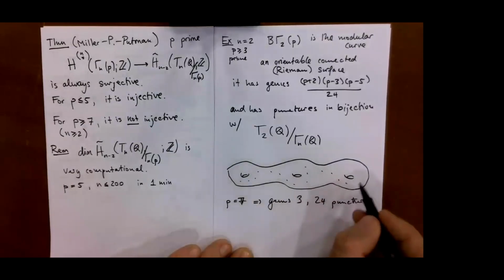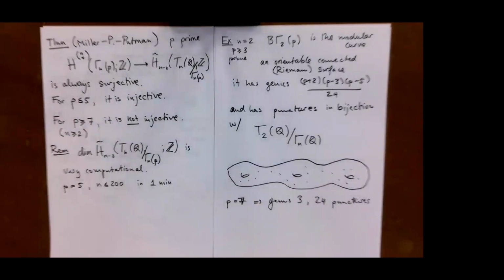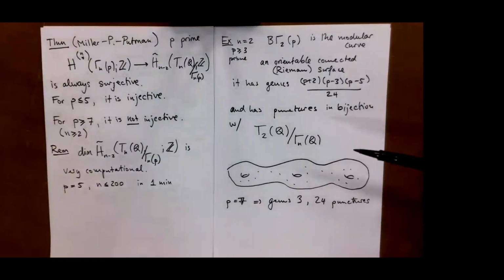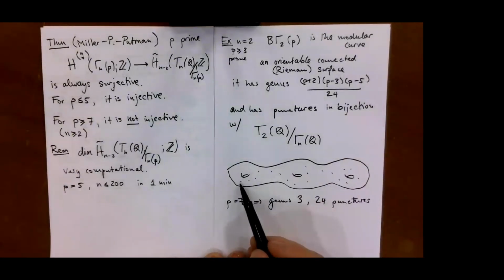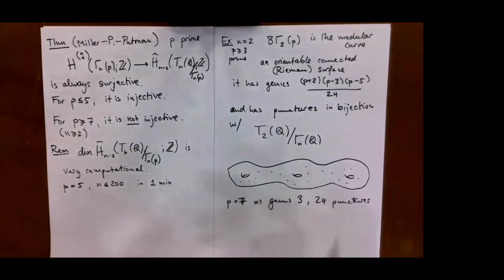I didn't count how many punctures I put there. So in particular, if you have one puncture and you draw a cycle around it, then that cycle is actually a boundary because you have the rest of the surface to bound it.